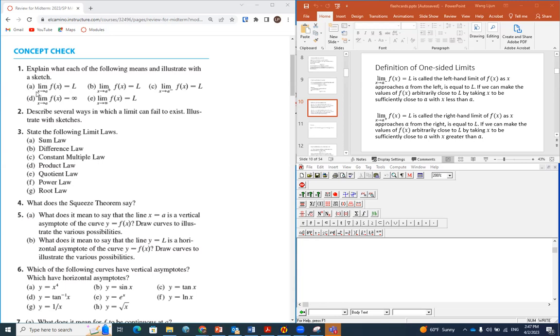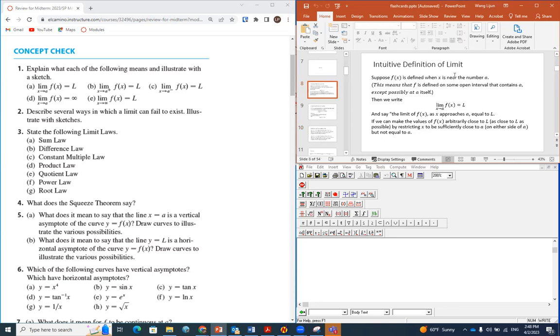For example, the definition of limit for when f of x is approaching a. So you look at this intuitive definition of limit. When you see that notation, you will be reflecting on what it means in its entirety, including that this means f is defined on some open interval that contains a, except possibly at a itself.